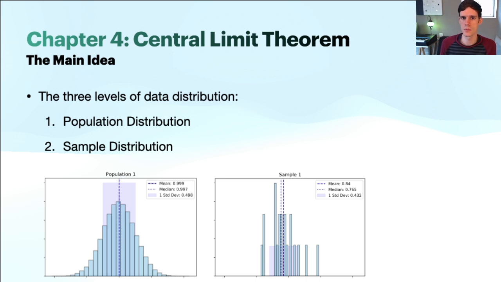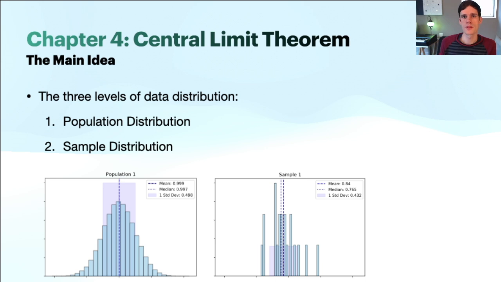We have the sample mean, the sample median, and the sample standard deviation. Now, as we know by now, the sample statistics are only approximations of the underlying populations. And in fact, if we take another sample, another randomly drawn subset from our population, the sample statistics of that particular sample will most likely be different from the first one.